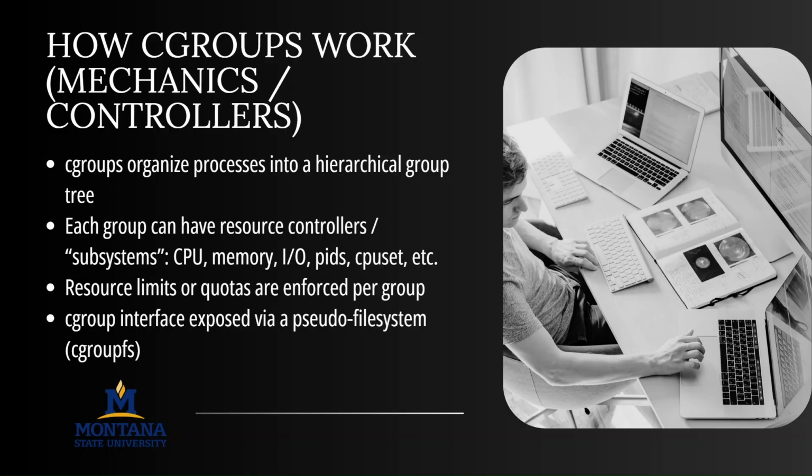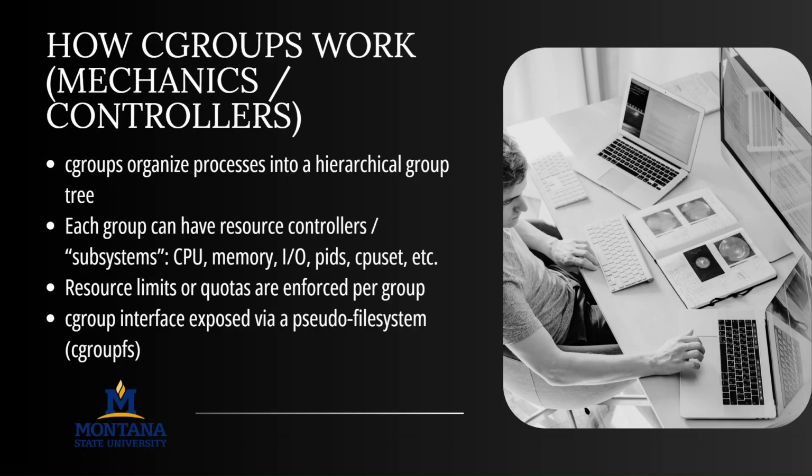To make this clearer, here are a few examples. The CPU controller limits how much processing time a container gets. The memory controller can enforce strict usage caps. If a container exceeds them, the kernel can kill it. The PIDs controller prevents a process from spawning unlimited child processes, which protects against fork bombs.